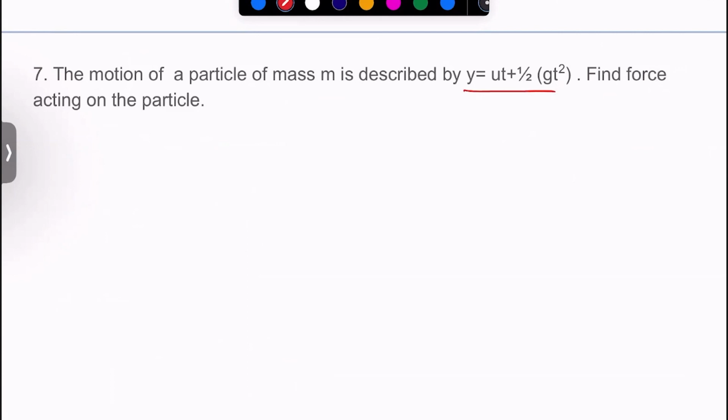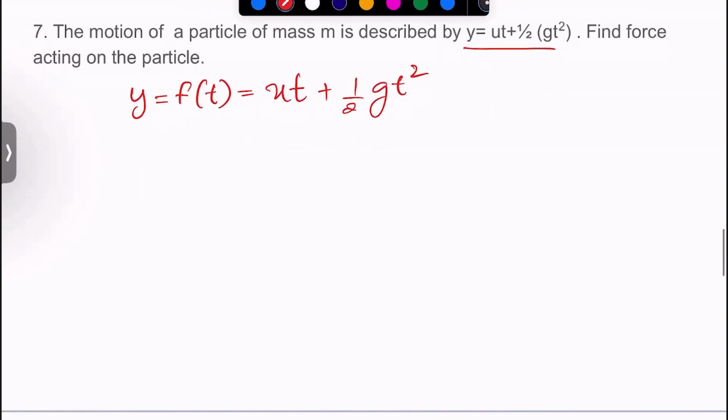Position is given as a function of time, described as ut plus half gt squared. Now you know the derivative of position is equal to velocity.